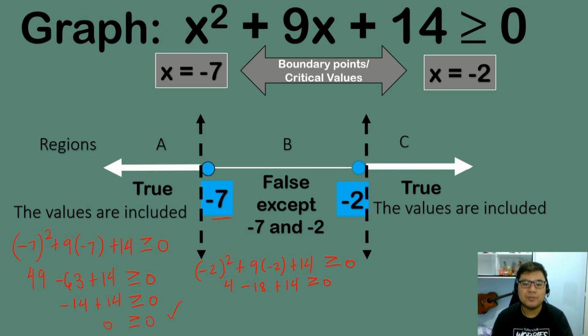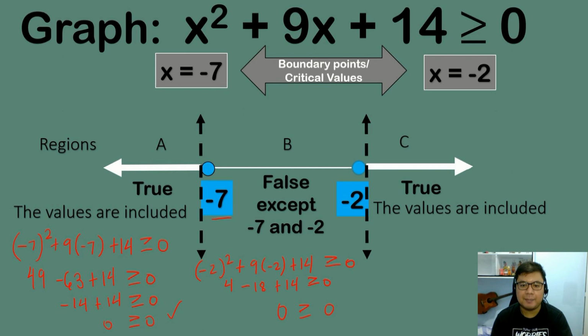Negative 14 plus 14 is equal to 0. So 0 is greater than or equal to 0. So tama na included yung negative 2. So ibig sabihin yung mga false natin is yung mga numbers in between negative 7 and negative 2. So negative 6, negative 5, negative 4, and negative 3.